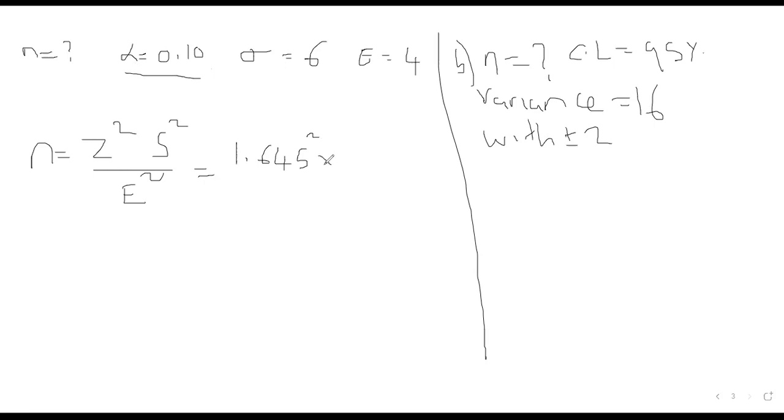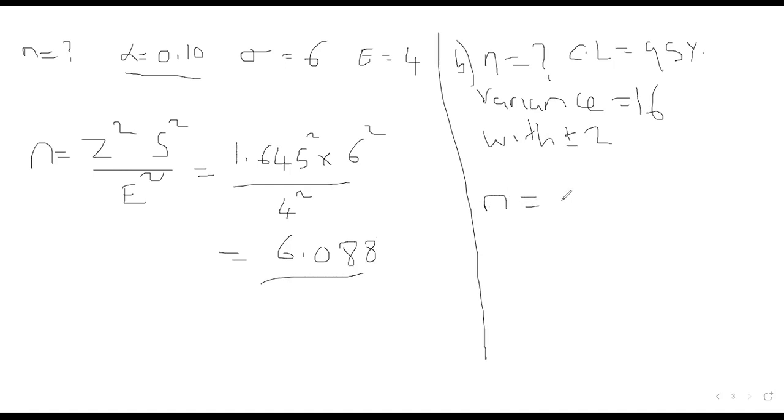And what is our standard deviation? 6. And what is our error? 4. So 1.645 times 6 divided by 4. We're going to get 6.088. So that's the sample size.